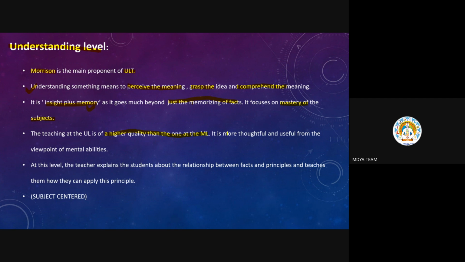It is more thoughtful and useful from the viewpoint of mental abilities, because the understanding level involves the thinking ability of the learner. At this level, the teacher explains to the students the relationship between the facts and the principle.